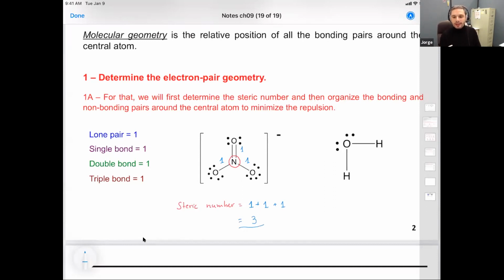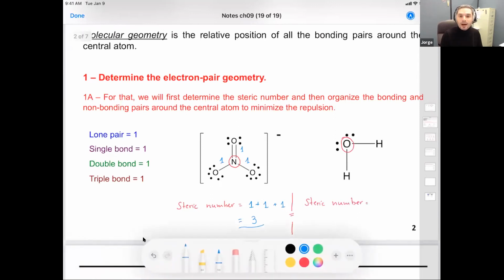Now, let's take a look at the water molecule, and let's calculate the steric number for the oxygen. Attention now that the central atom is oxygen, and that's the one we want to determine the steric number. So let's see everything that is around the oxygen. We have two single bonds with the hydrogens. Each single bond is 1. So far we have 1 plus 1.